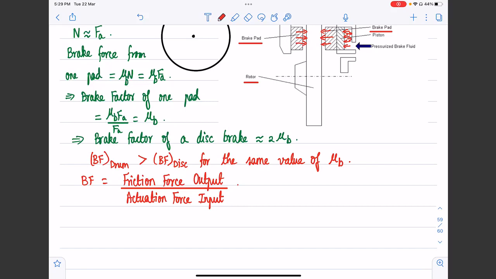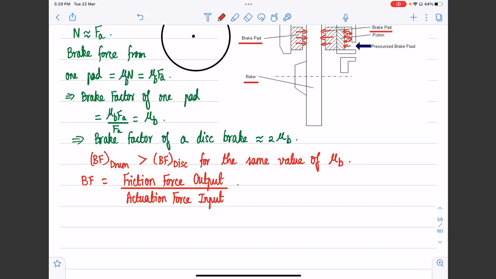For the purpose of analysis, we are essentially considering a point contact for the drum brake as well as the disc brake. But in real life, both are going to have some contact over an area, so that is understood.